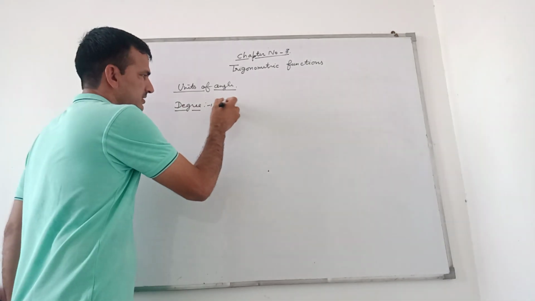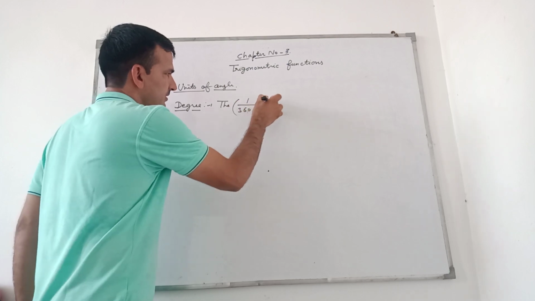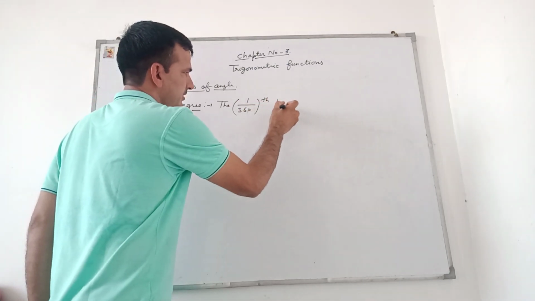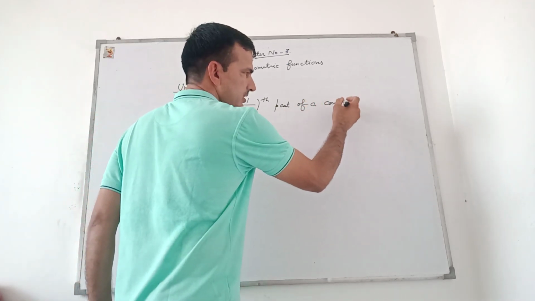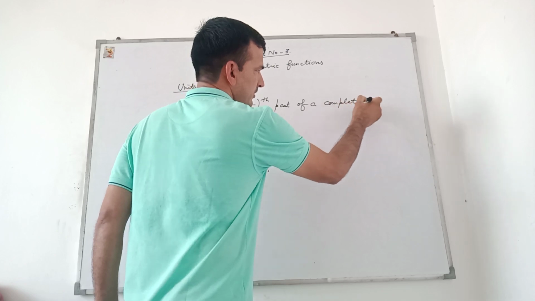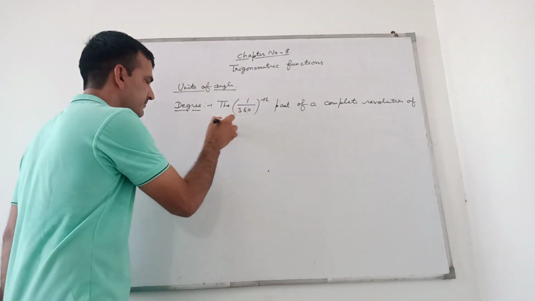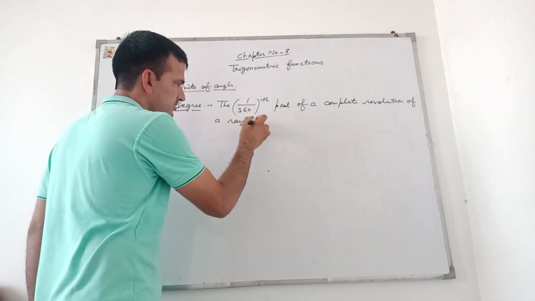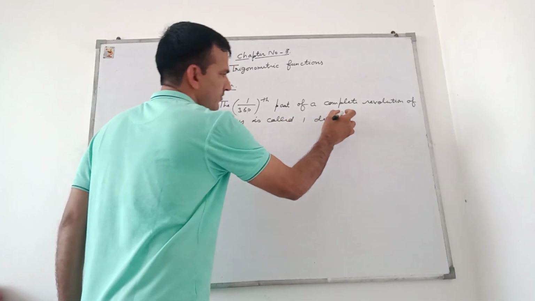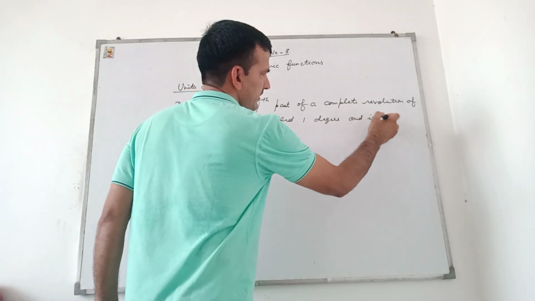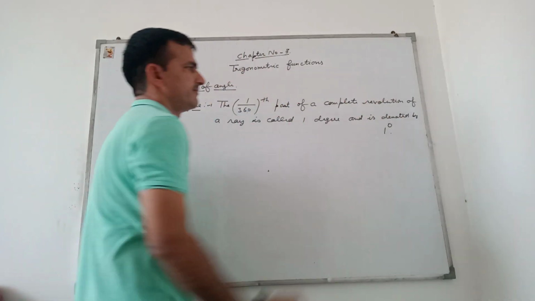Degree is the 1/360th part of a complete revolution of a ray, and it is called 1 degree, denoted by 1°.